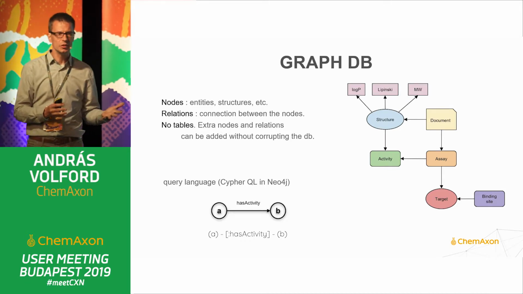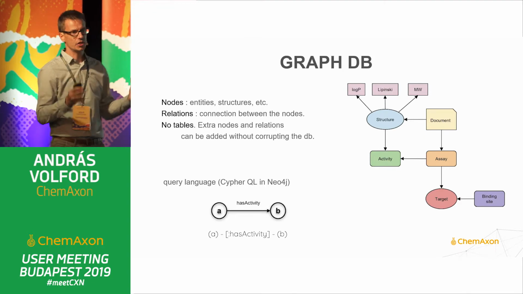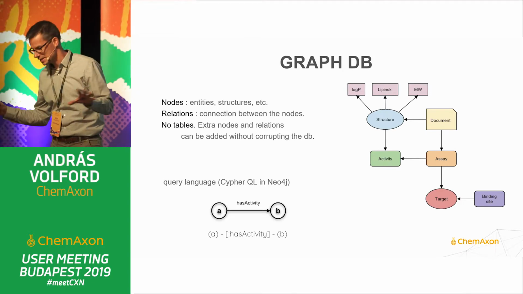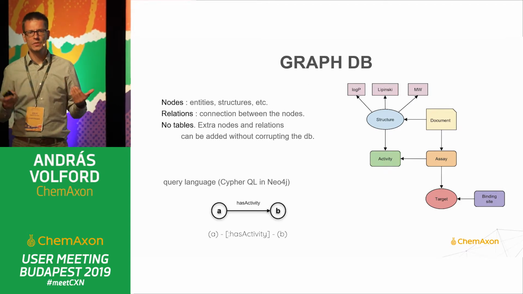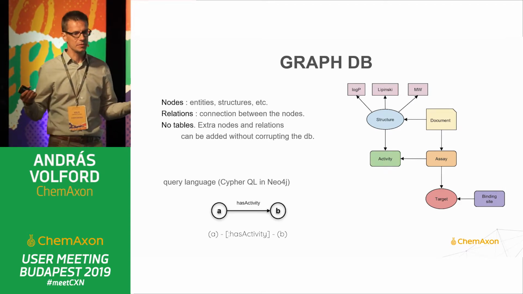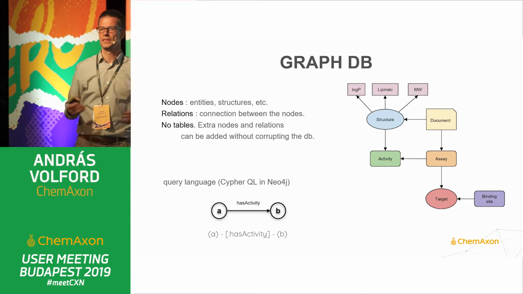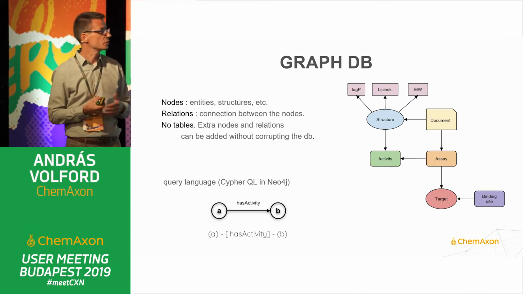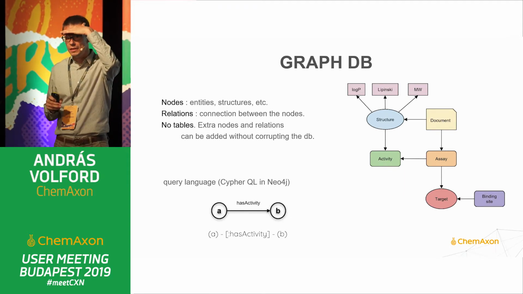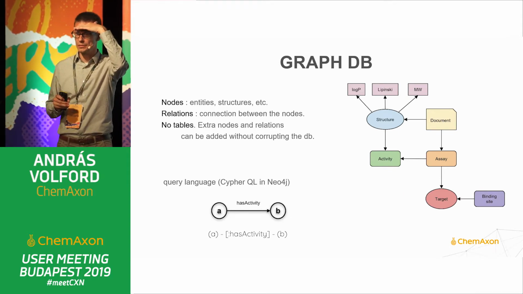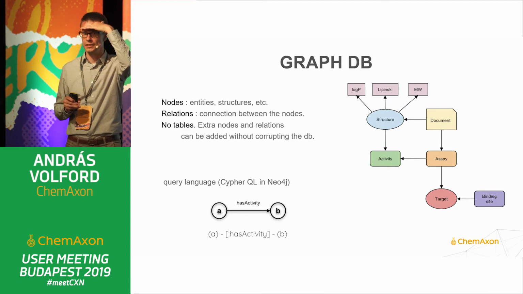So until now, we were working in the relational databases era. But in the last few years, we heard that graph databases are coming out, with knowledge graphs and different questions. So how many of you are familiar with graph databases? Oh, are you already using it for something? No, not yet.